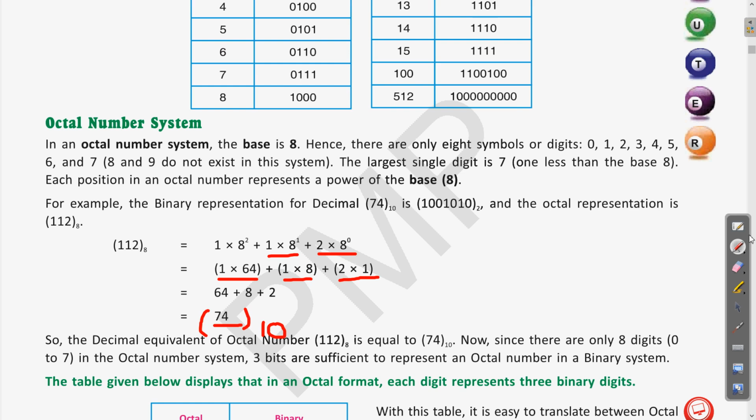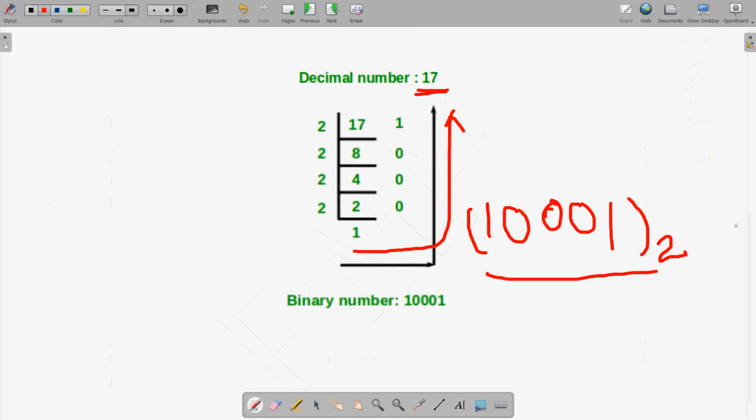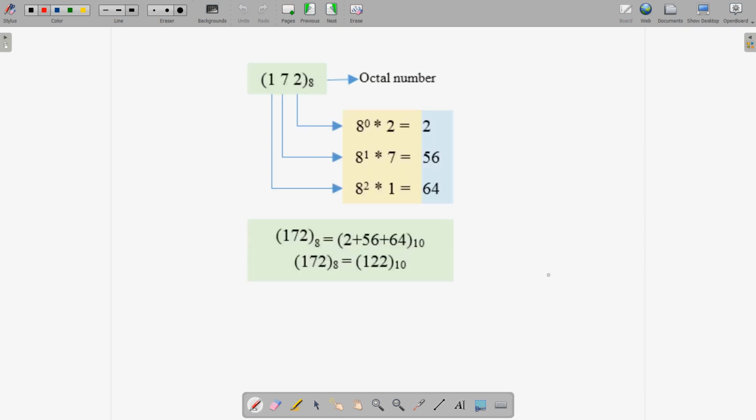Okay, let us come to the digital board and do one more example of octal to decimal. So here I have taken a number 172. The base is 8, it means it is octal. Now we are multiplying each of the values of 172 with the increasing power of 8.